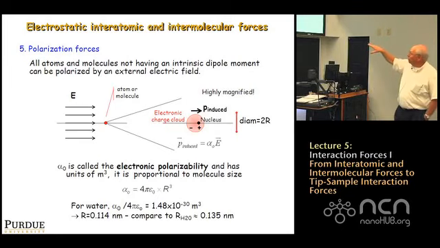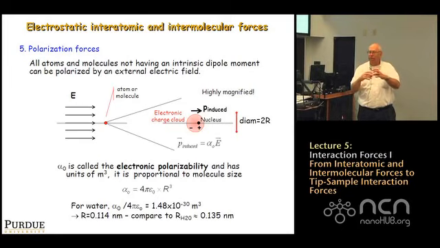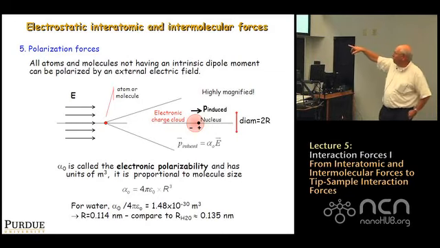Very often you'll find values for alpha naught quoted in units of 4 pi epsilon naught, so the ratio of alpha naught over 4 pi epsilon zero has units of cubic meters. Just to give you a sense that this polarizability is related to the dimensions of a molecule, I look at the case of water. For water, alpha over 4 pi epsilon naught is about 1.5 times 10 to the minus 30 meters cubed.